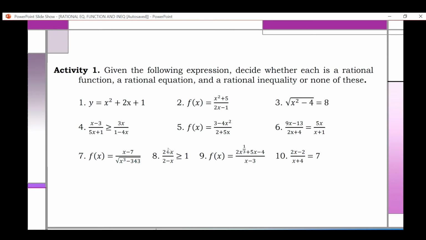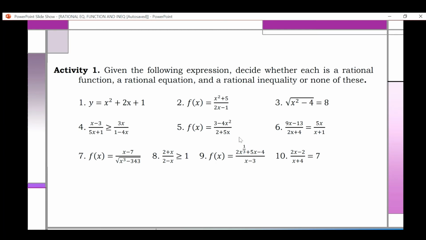Okay? For number 8, we have here a rational expression and the usage of inequality sign, the greater than or equal sign. So this is a rational inequality. Alright? For number 9, we have here an exponent which is a fraction.